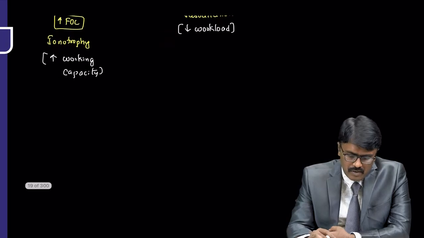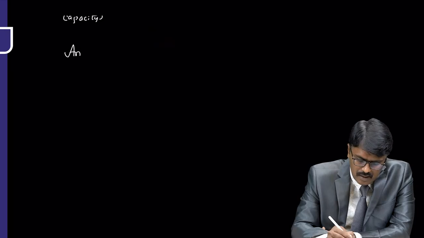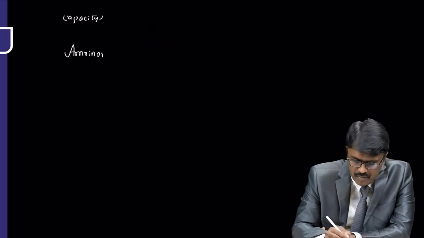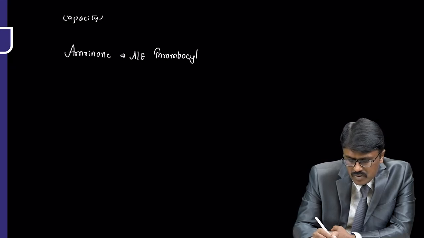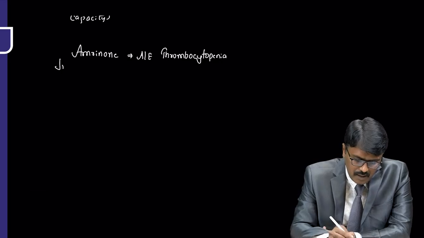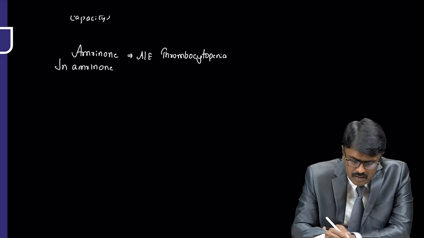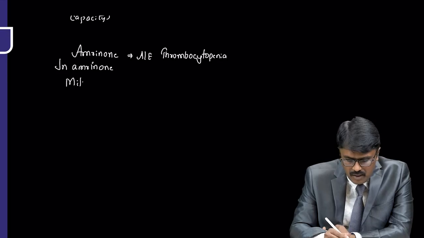Now, once we know the mechanism of action, what are the drugs we have? The drug is amrinone. One of the problems with amrinone is thrombocytopenia. That means a decrease in platelet count. Then we have inamrinone. Same drug, when you know amrinone, this is inamrinone. Then we have milrinone.